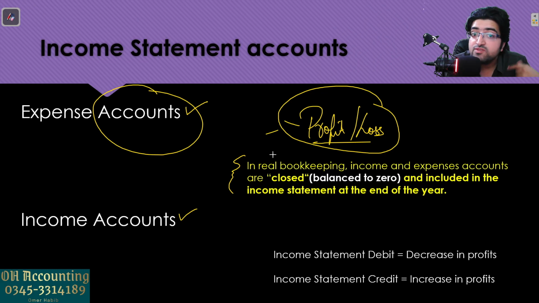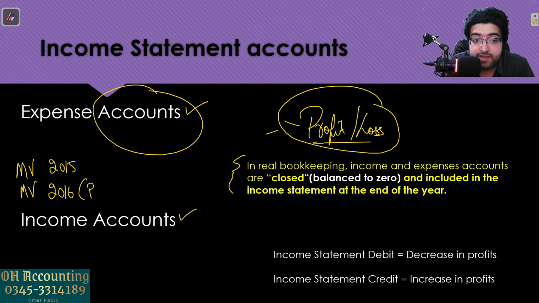But in the case of statement of financial position, for example, what I showed you for motor vehicle, right? When you have a motor vehicle available with you in 2015, you will still have that motor vehicle in 2016, right? Unless you sell it. So its balance should be shown in the T account, right?